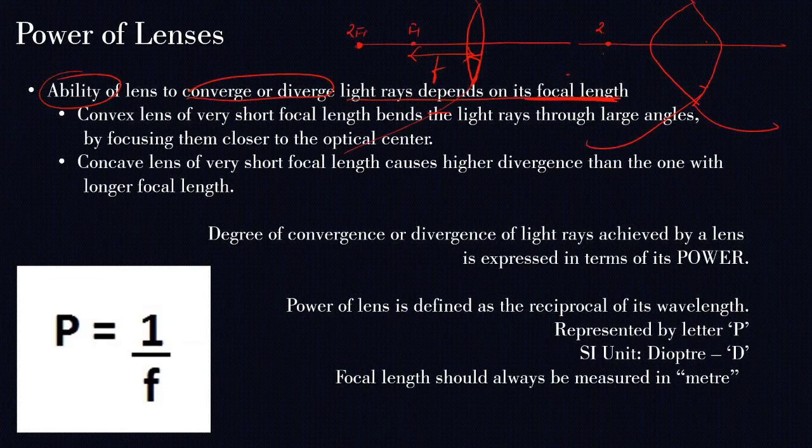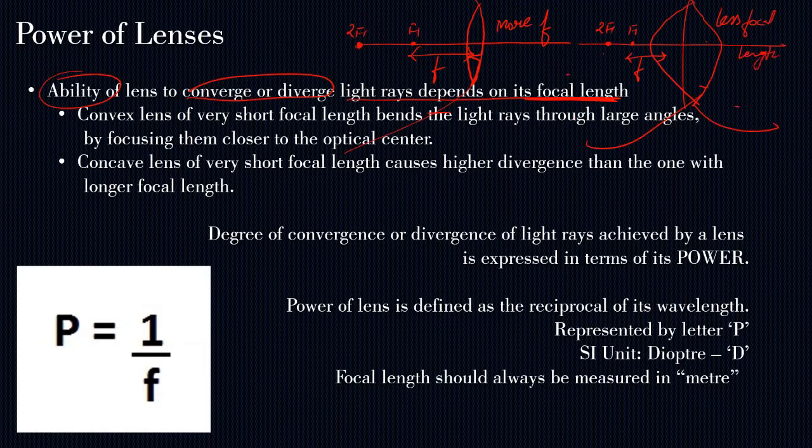So this is 2f1 and this will be my focus, f1. So the focal length will be this much smaller. So if we compare the two lenses, a thin lens will have more focal length. A thick lens, on the contrary, will have less focal length, right?